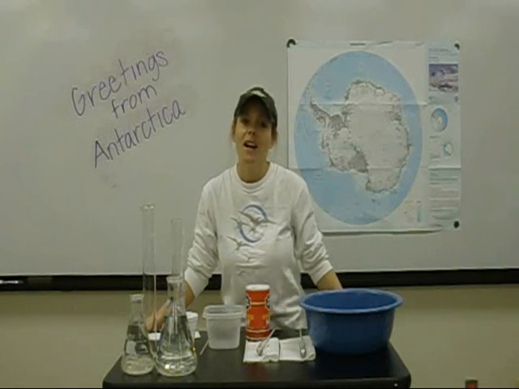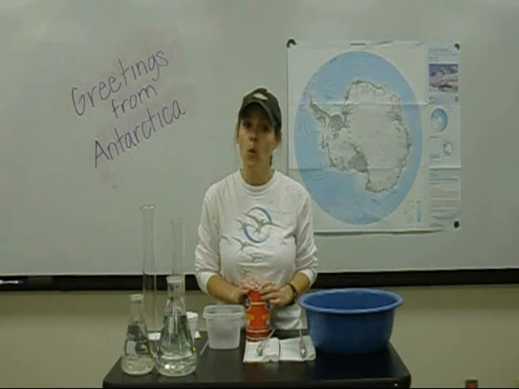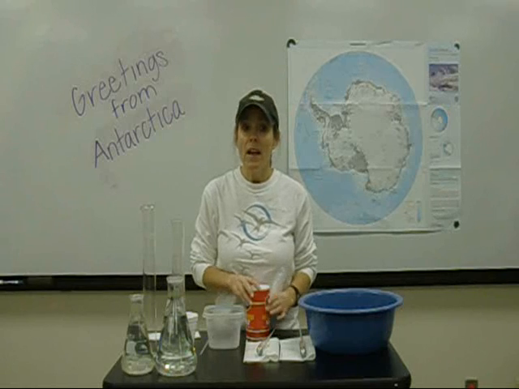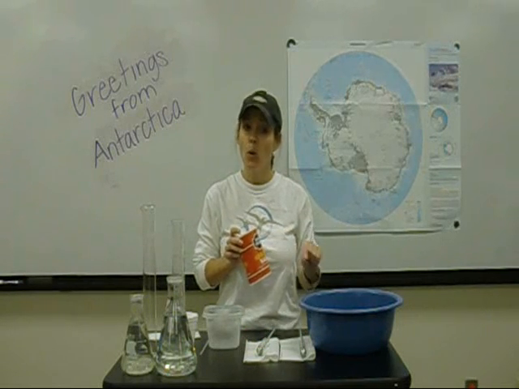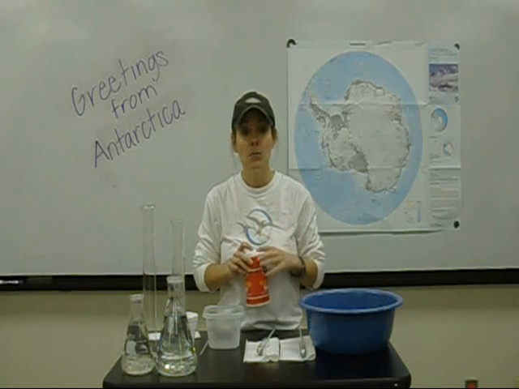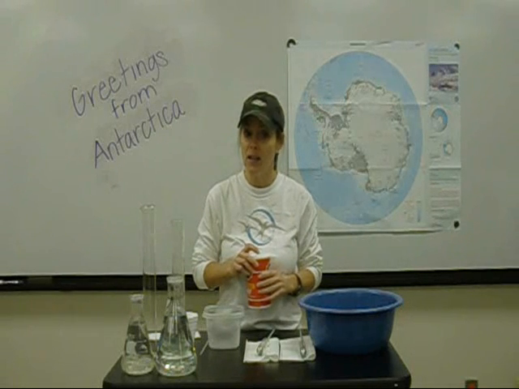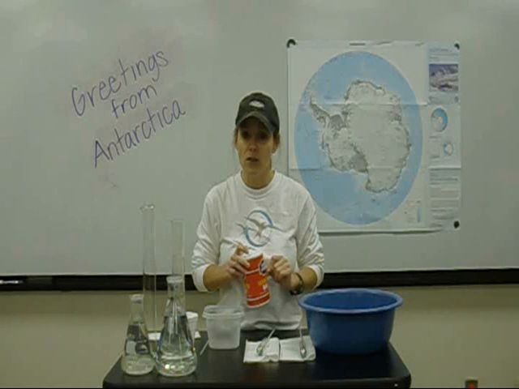Hi again. In our last video, we saw that the amount of salt in water affects how the water freezes. We also saw that when salt water freezes, the salt is rejected or pushed out of the ice, creating tiny channels. And by the way, these channels are often used as microhabitats for ice algae, zooplankton, and even tiny fish.